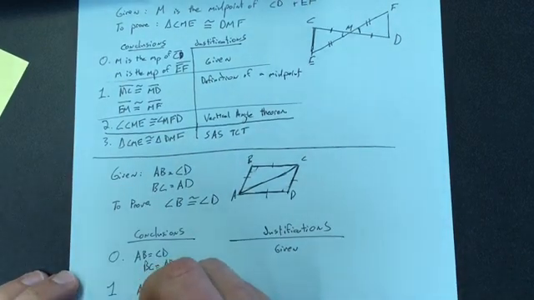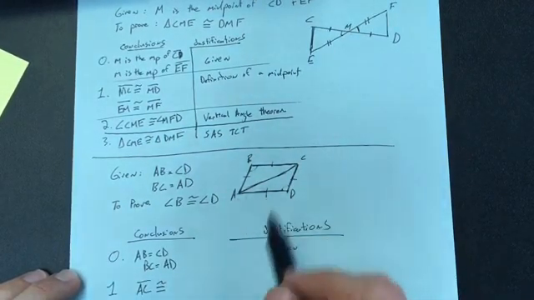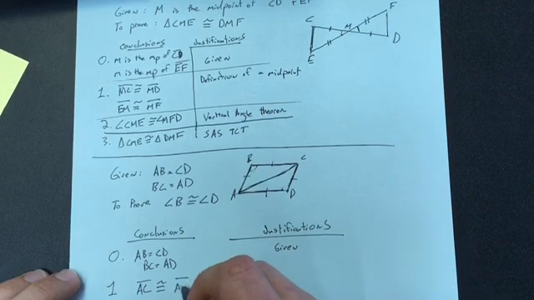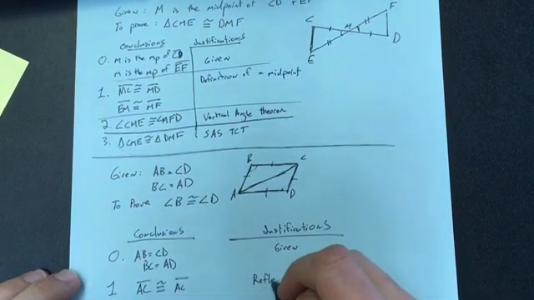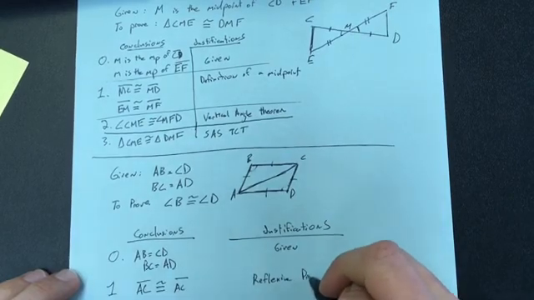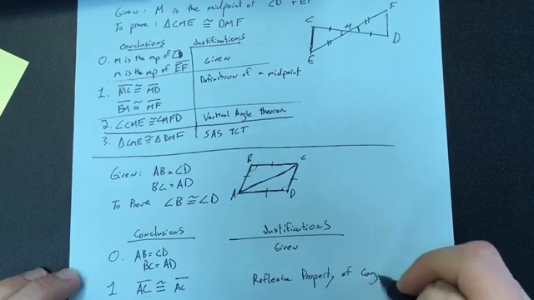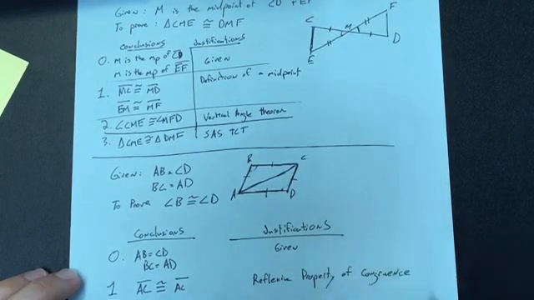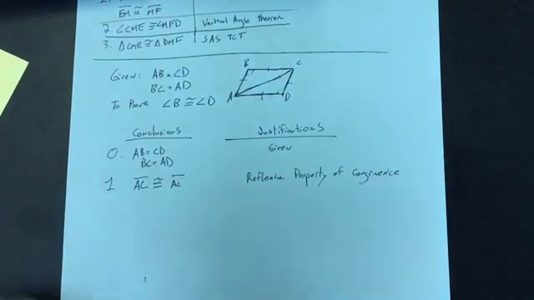I can say line segment AC is congruent, and we can even rename it. Instead of line segment CA, we could call it AC again. And this uses our reflexive property of congruence, which just says that things are congruent to themselves. Okay, I'm going to slide up so y'all can see.